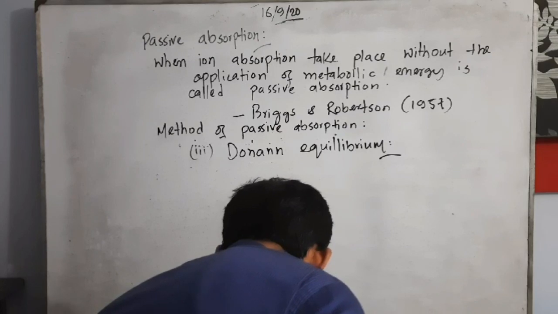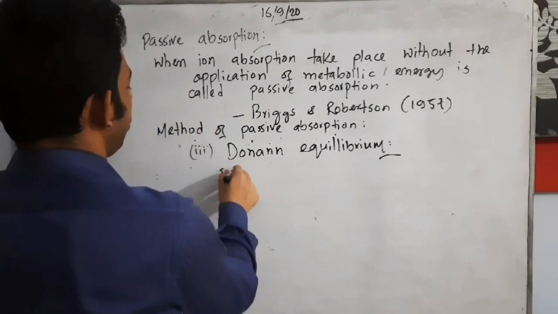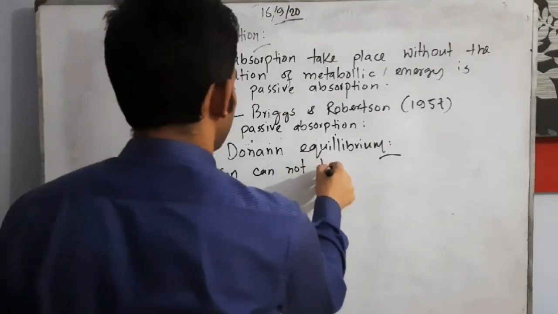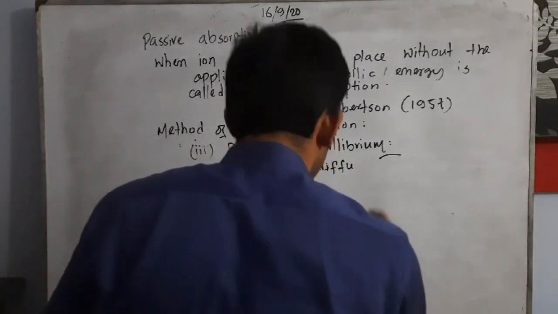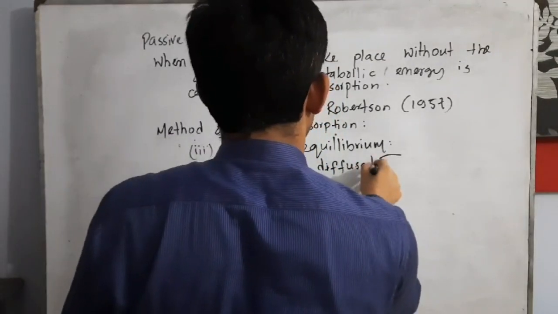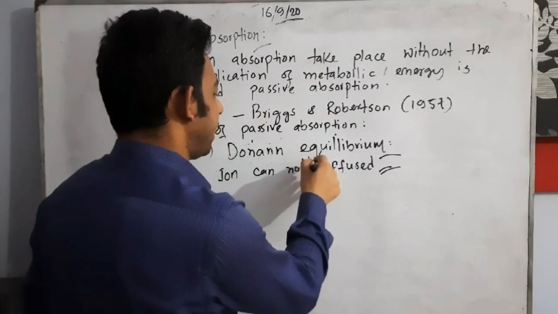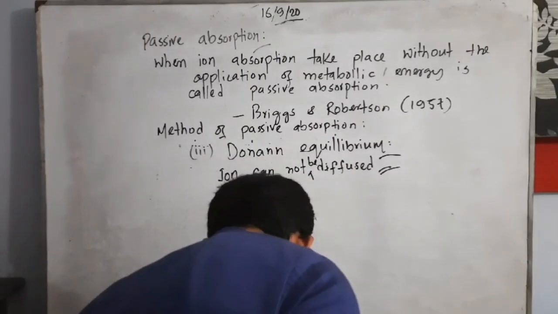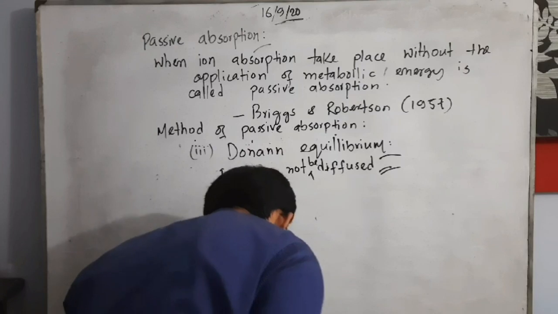Some ions cannot diffuse. Sometimes ions cannot be diffused. Why do some ions not diffuse? Because of the large size of the protein molecules.